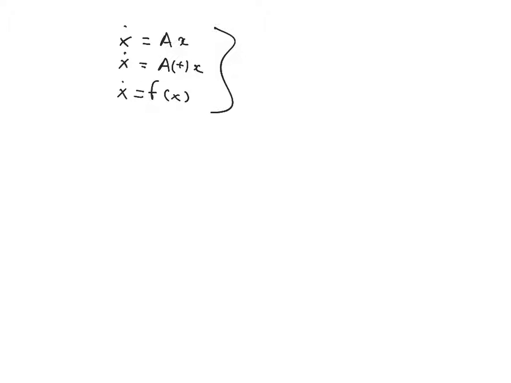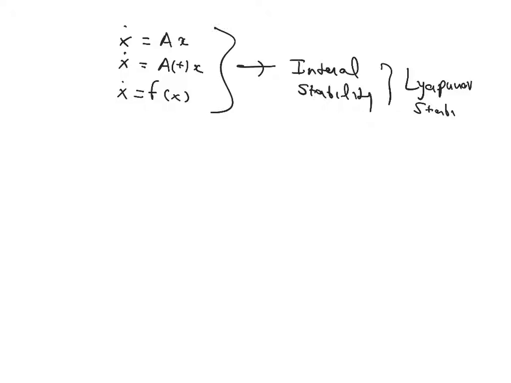So basically we are just seeing what happens to x when it starts somewhere, whether it goes to the origin or not, whether it is bounded or not bounded, right? That is what we are commenting on in the internal stability. So this is internal stability or Lyapunov stability, right? And somebody named Lyapunov might have discovered these things, and from there on.